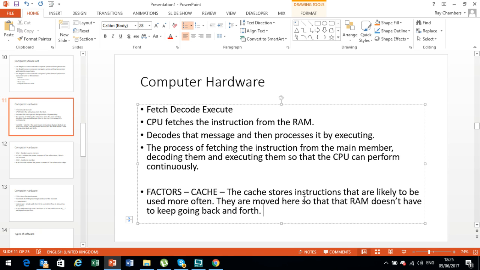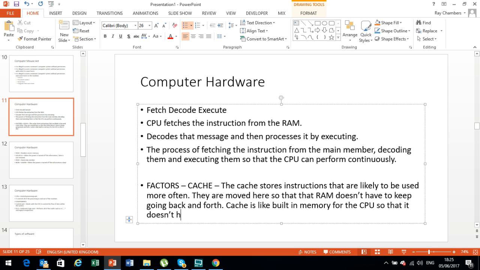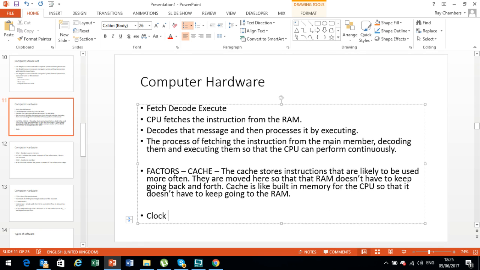The cache is like built-in memory for the CPU so that it doesn't have to keep going to the RAM, and it speeds it up. You've also got clock speed, the number of cycles and instructions carried out per cycle. Remember, this is measured in hertz.